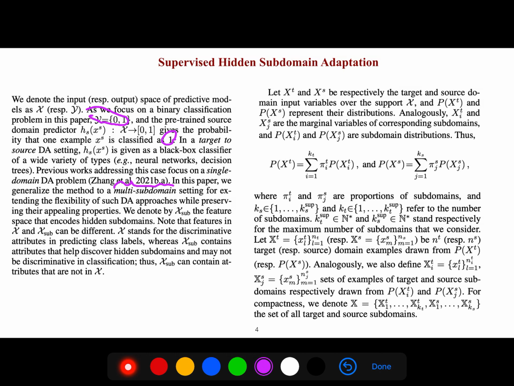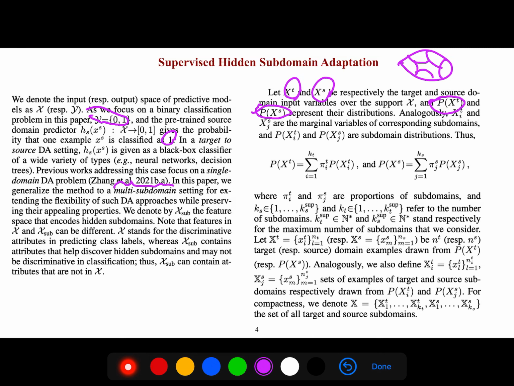So X sub T is the target and X sub S is the source domain input, and P is just the distribution of your target, and P sub S is the distribution of your source. But because each source has some subdomains, each source domain has some sub-source domains.